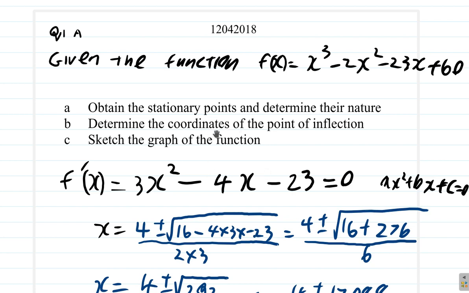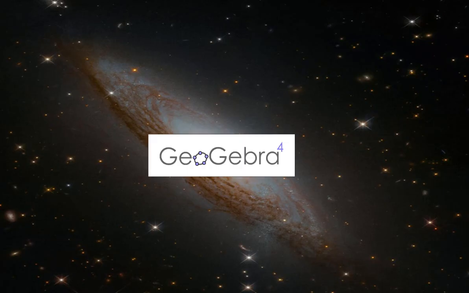Now remember, when it comes to the coordinates of the point of inflection, you're going to equate the second derivative to 0, find out what x is, and then put it in the function to find the y-coordinate of the point of inflection. Still loading up.